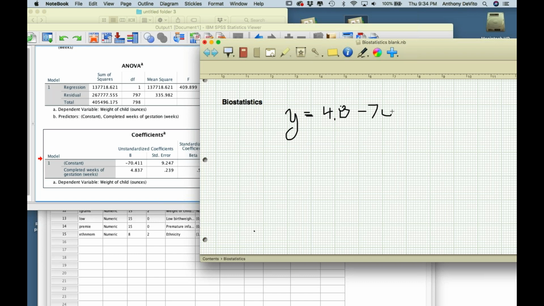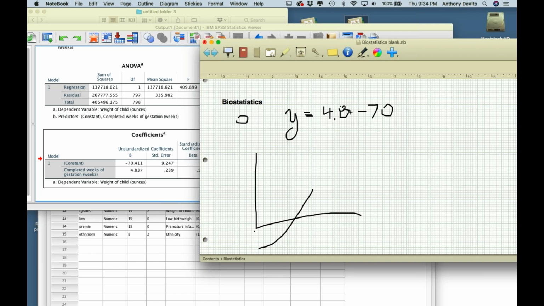Okay, that tells us that the line crosses the y-axis all the way down there. Keep in mind that you're not going to have a baby that weighs 0 ounces. You're not going to have 0 weeks of gestation. So a lot of these values, especially the intercept, often don't mean anything. It's just a way to pin the value of the y-intercept and complete this formula.